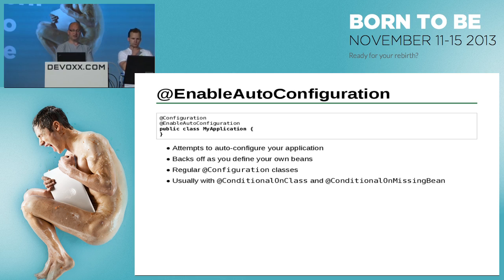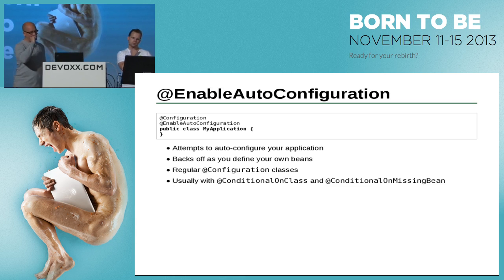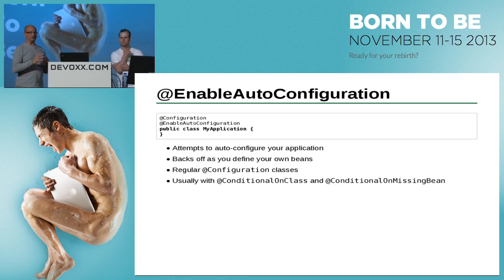So in the same single annotation, @EnableAutoConfiguration, I've got the ability to make lots of decisions at runtime based on what's on the class path, what's in the environment, what's in properties files, and lots of different ways to make those decisions. A lot of them are based on what's on the class path, but it can also be based on what's already in the application context, right?